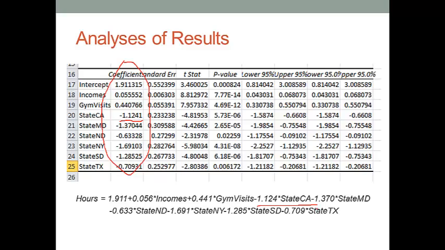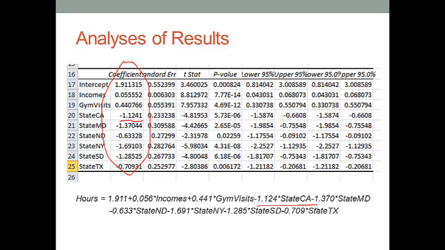You use negative 1.124 times 1, so you subtract 1.124 from the total hours. If the customer is not from California, we use 0, and 0 times 1.124 equals 0. We didn't subtract anything.